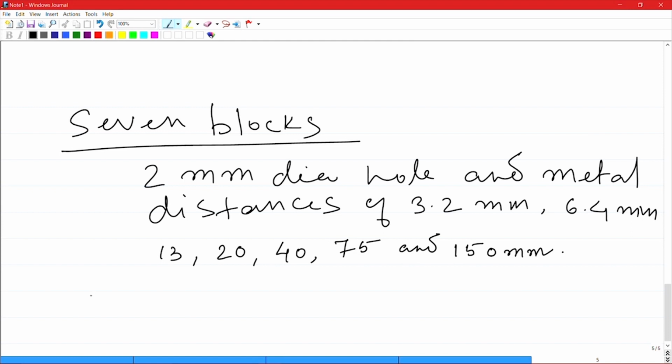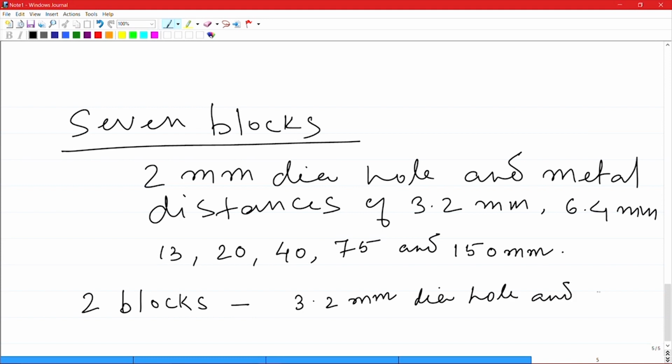and there are 2 more blocks. One is having a 3.2 mm diameter hole and a metal distance of 75 mm. Okay.